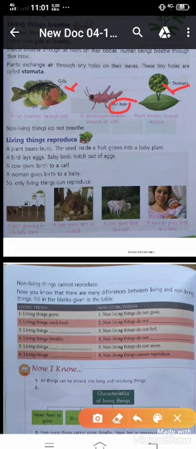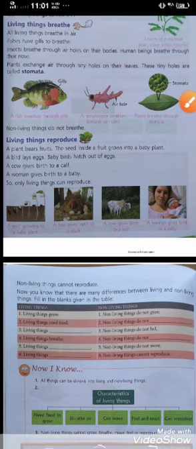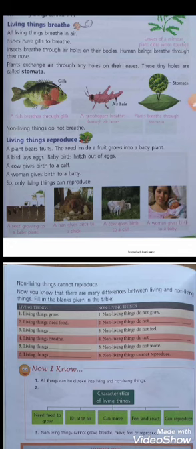Here in this picture, it shows how the living things breathe. Fishes breathe through gills. Insects breathe through air holes and plants breathe through stomata. But non-living things do not breathe.